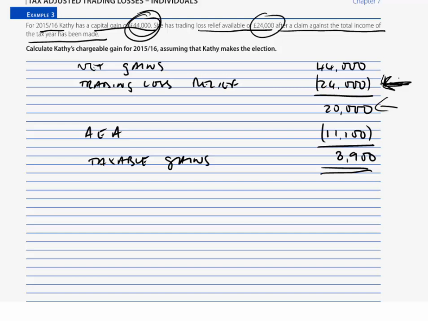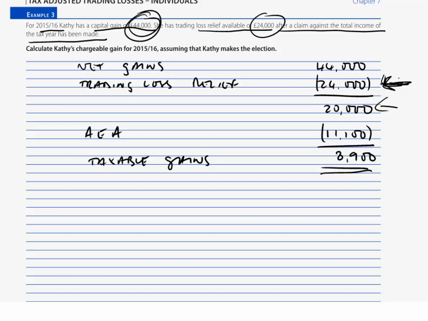We'll talk more of that when we come to CGT in Chapter 12 indeed, when we know more about how to calculate gains, how to calculate losses, and indeed how to apply capital losses both of the year and of any losses brought forward. That brings this particular session to an end.